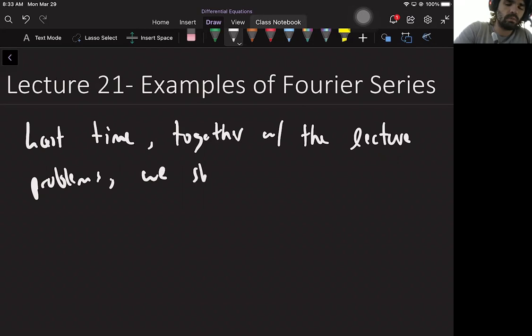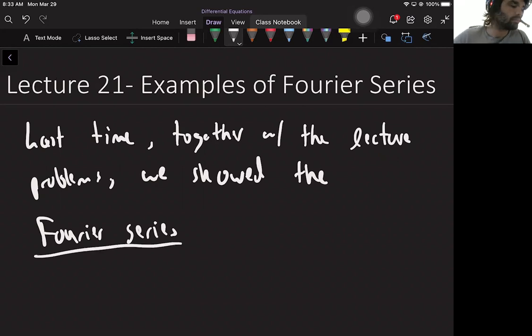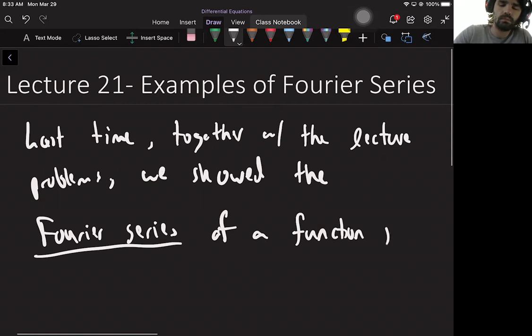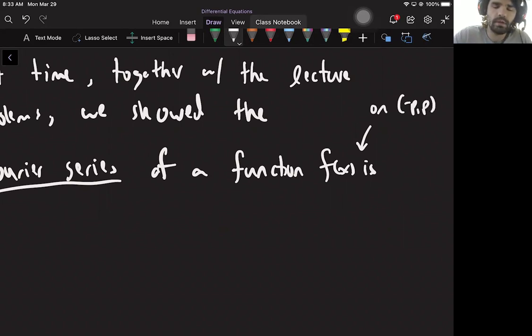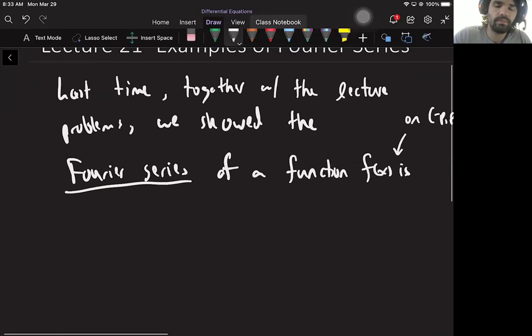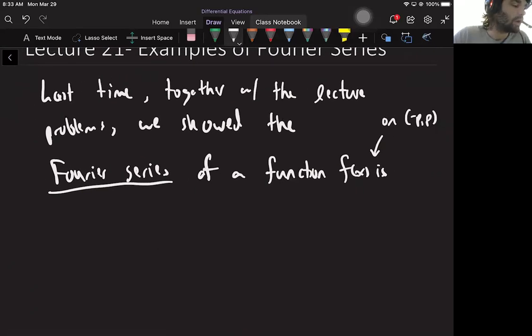We showed the Fourier series of a function is, well, first you have to say on which interval. So from negative p to p. So the Fourier series of a function on negative p to p is this thing, this giant looking thing.